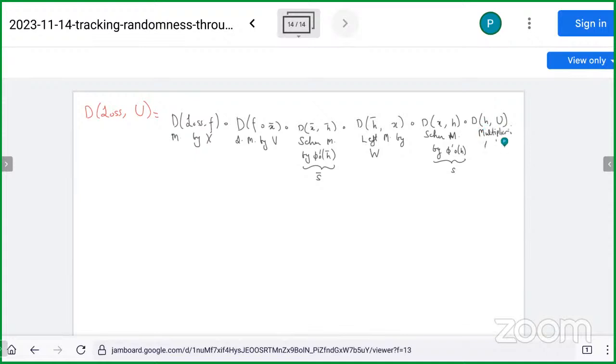Okay, so now again, let's see. We again do the same trick. So delta U gets mapped to what?